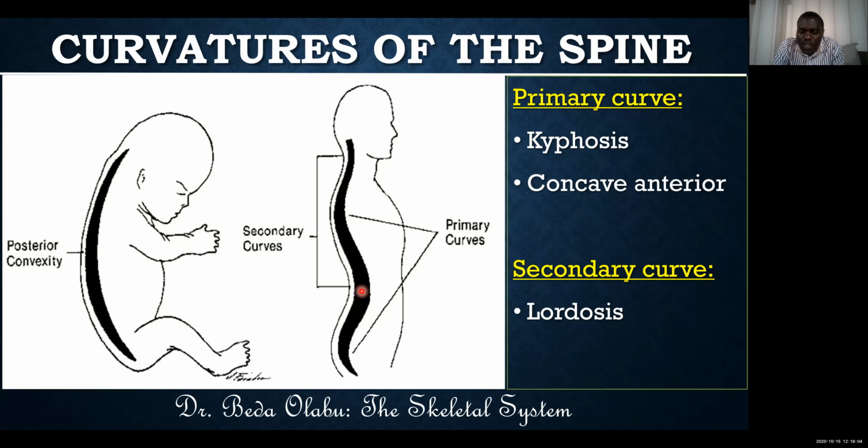But it develops over a long period of time. Lumbar lordosis develops between the 9th to the 18th month after birth. Great. Those are the curvatures of the spine. Remember, anterior, posterior curvatures are normal. Lateral curvatures are abnormal.